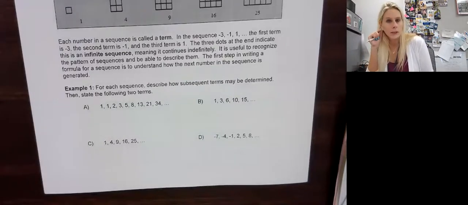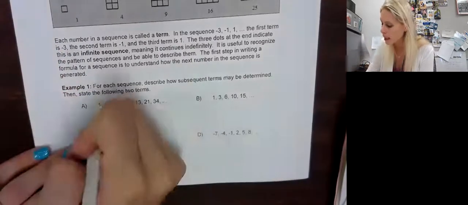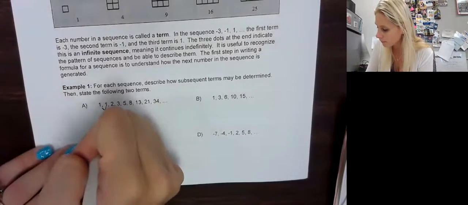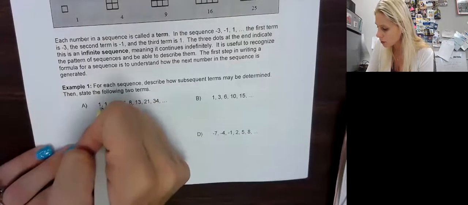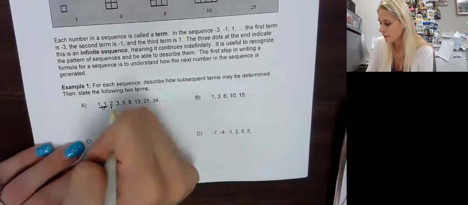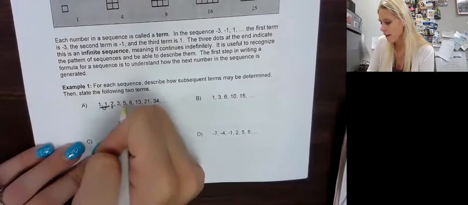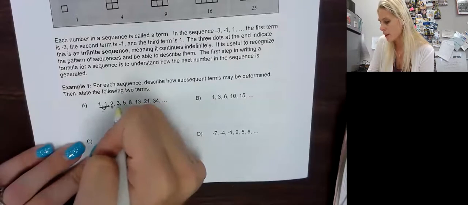But what I do see is a pattern here. I might not look at the beginning, but watch this. If I go to 2, isn't it 1 plus 1 is 2? 3 is 1 plus 2. 5 is 2 plus 3. 8 is 3 plus 5.